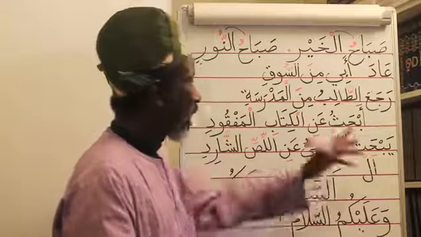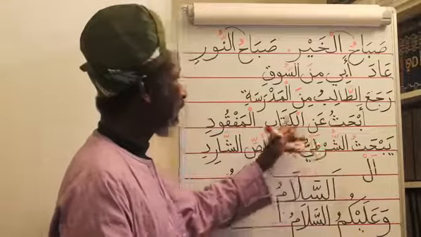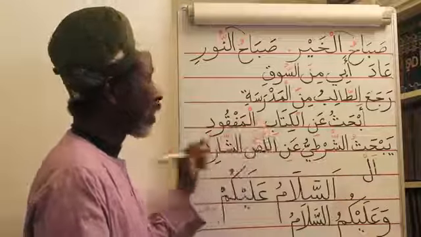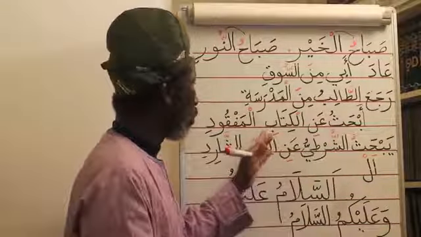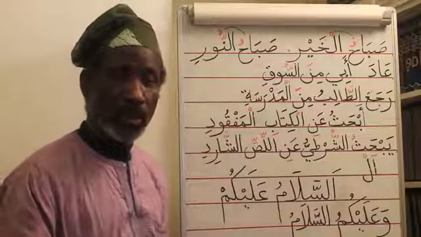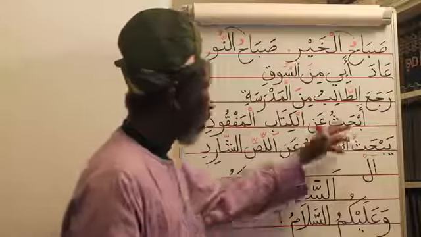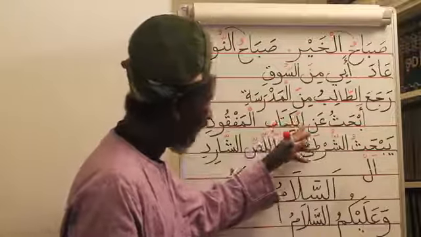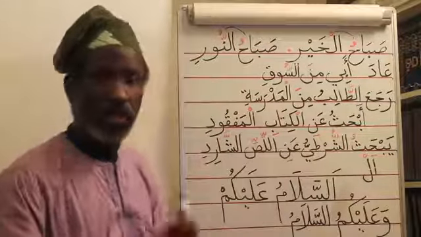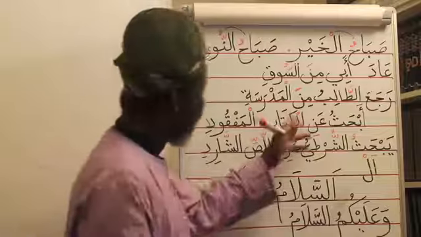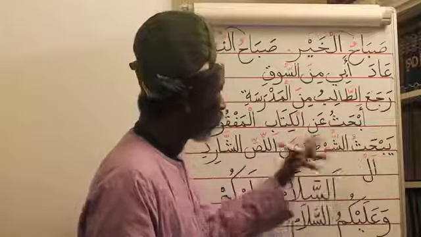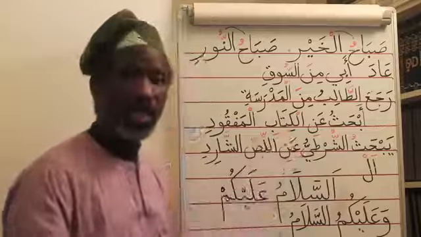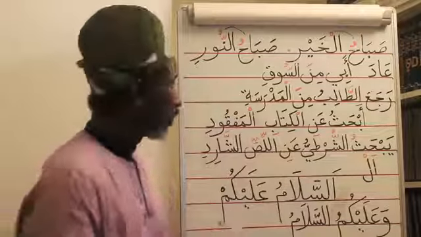Next sentence. أبحث عن الكتاب المفقود. I'm searching for the missing book. أبحث, I'm searching. عن الكتاب. Again, this alif is silent because it's not at the beginning. The lam retains its sukun because the kaf is a moon letter, not a sun letter.